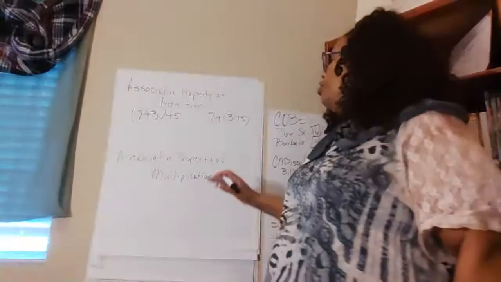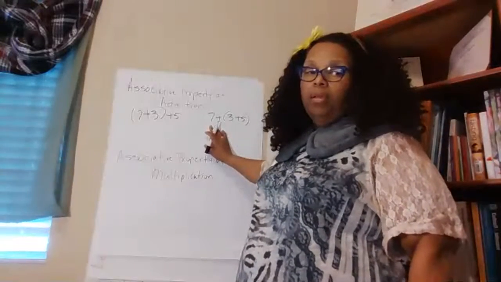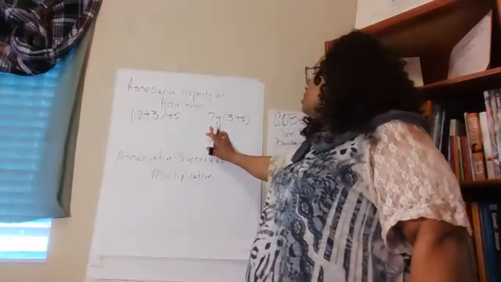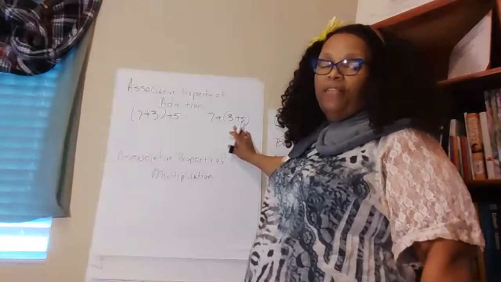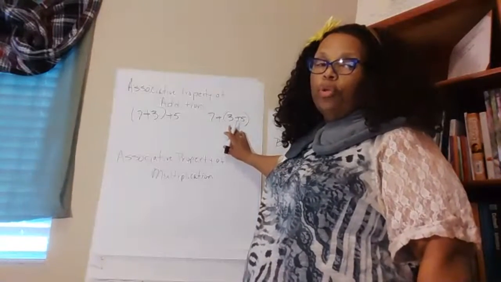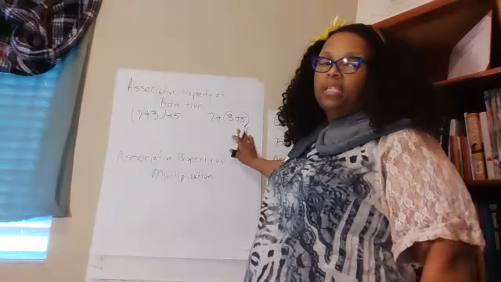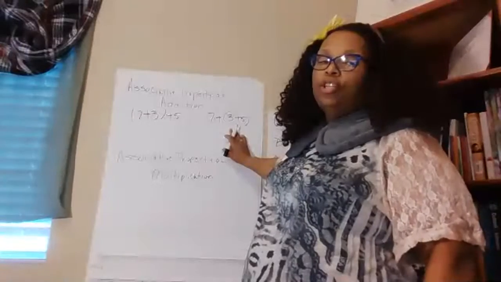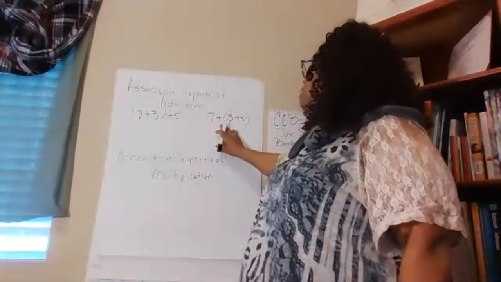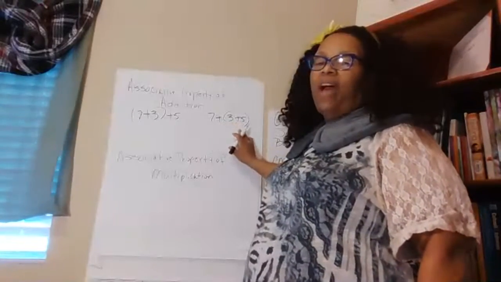You're going to write 7 plus 3 plus 5, with 3 plus 5 in parentheses. So the problem that I'm reading to you is 7 plus 3 plus 5.